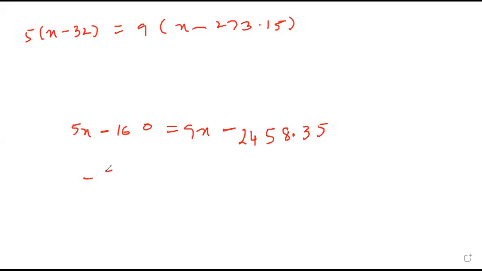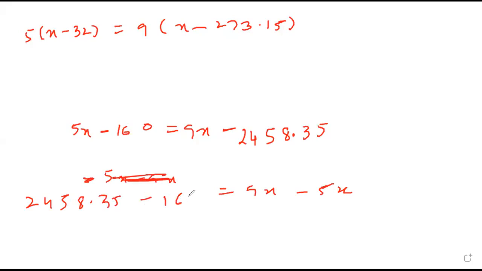So this will become 9X minus 5X is 2458.35 minus 160. This is 4X. 15 minus 8 7. This is 3 2.